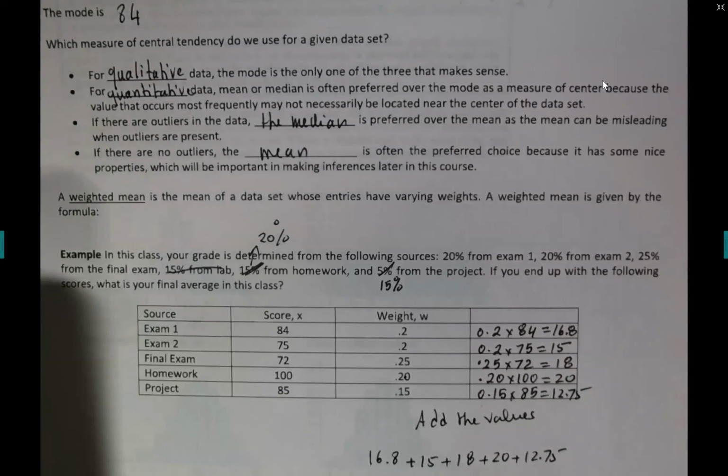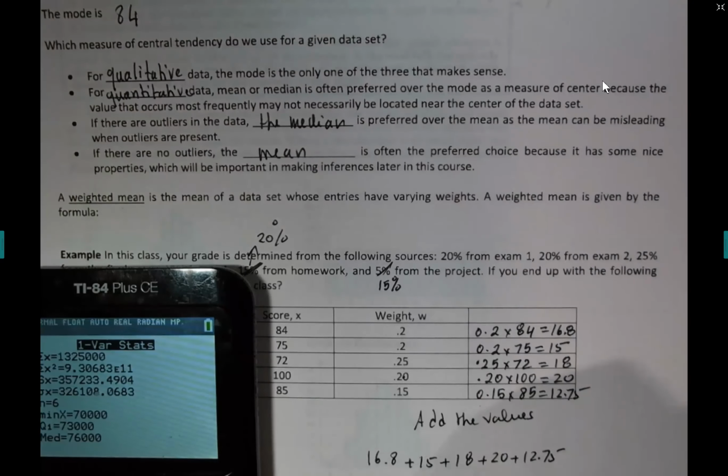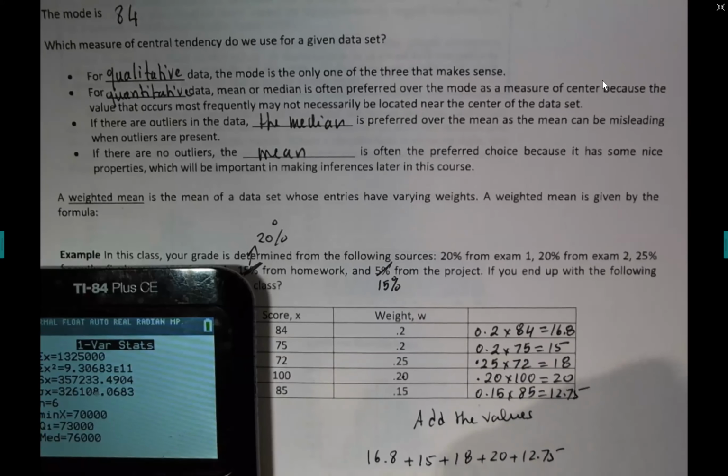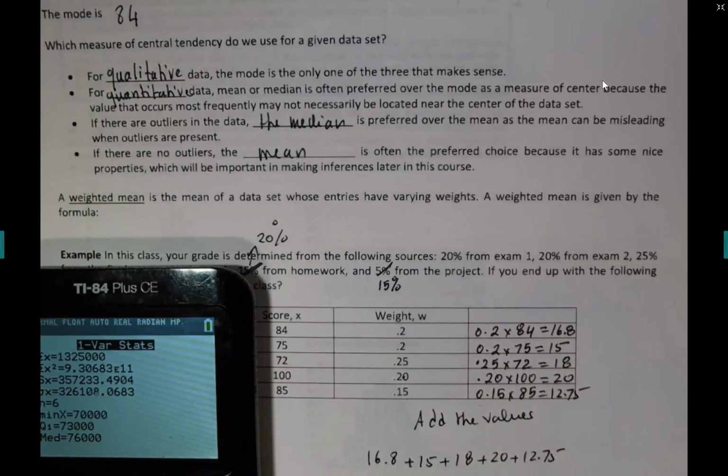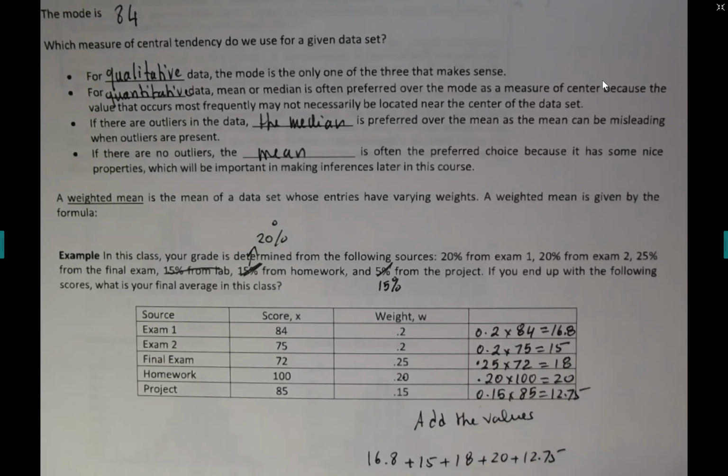Let's see what this one is. 82.55. Okay, you earned a B. That's how the system does that, and this is what the weighted average is. It's good to know how weighted average works.